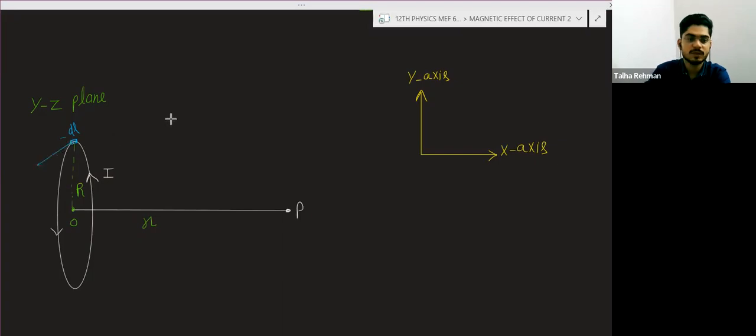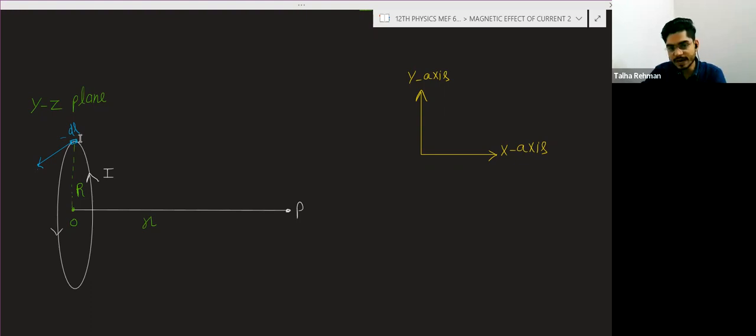Please focus. This derivation is very important and also confusing. Your direction of current is in this direction. The direction of this dl vector is this. I have just taken a small element here, and the direction of this dl is given by the direction of the current.